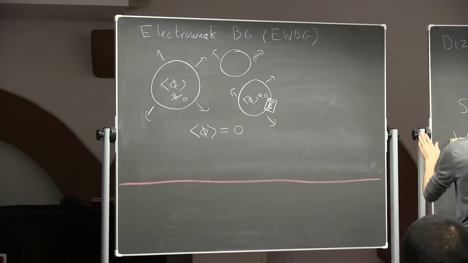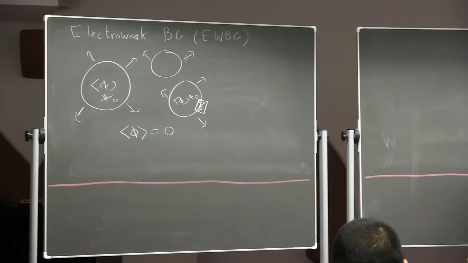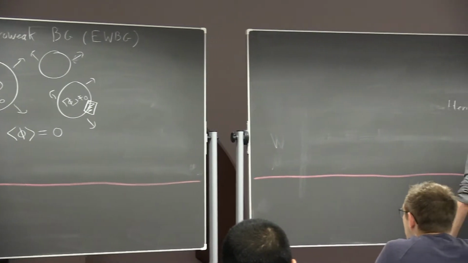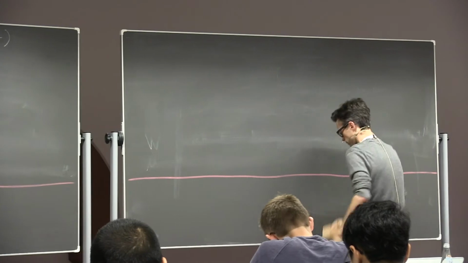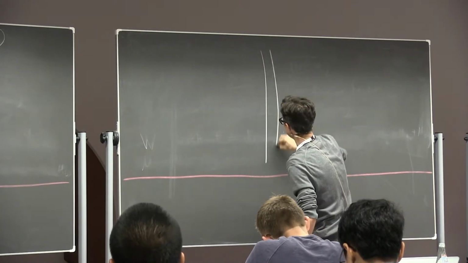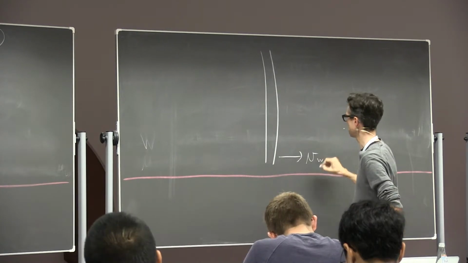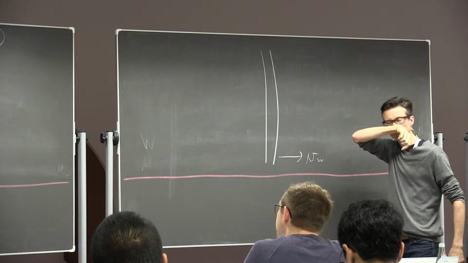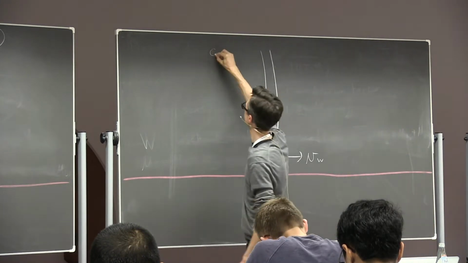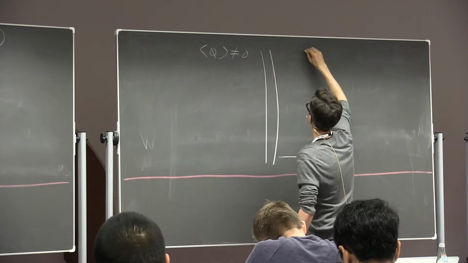And if I zoom in on a bubble wall surface, here's a bubble wall that has some finite thickness, and it's moving with some velocity out in this direction. On this side, I have phi non-zero. Phi is my Higgs value.